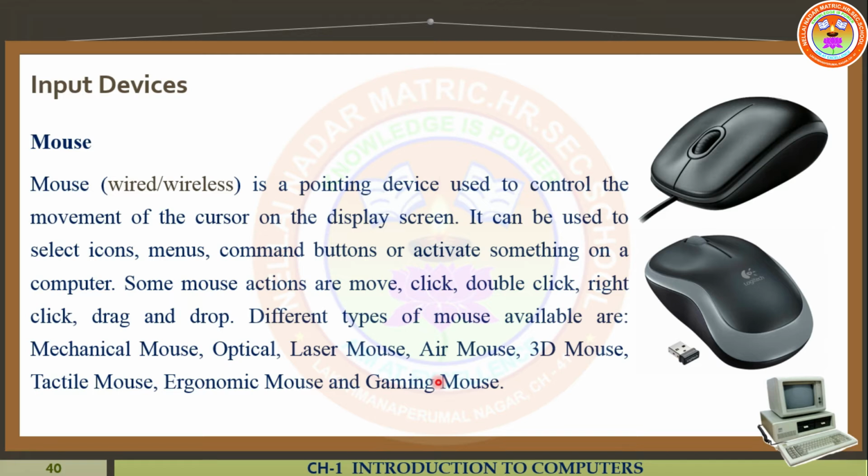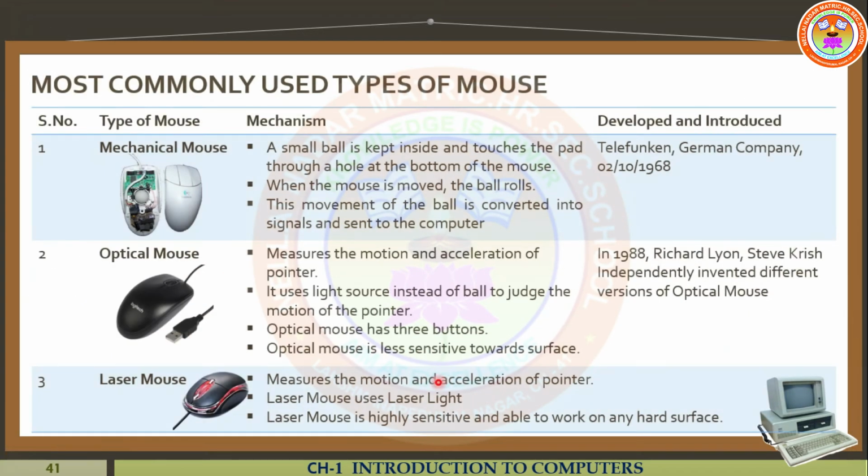You just see the history about that. These are the most commonly used types of mouse nowadays, both the optical mouse and the laser mouse. Nowadays these two mice are used in many industries, from education to software companies, in all the departments.